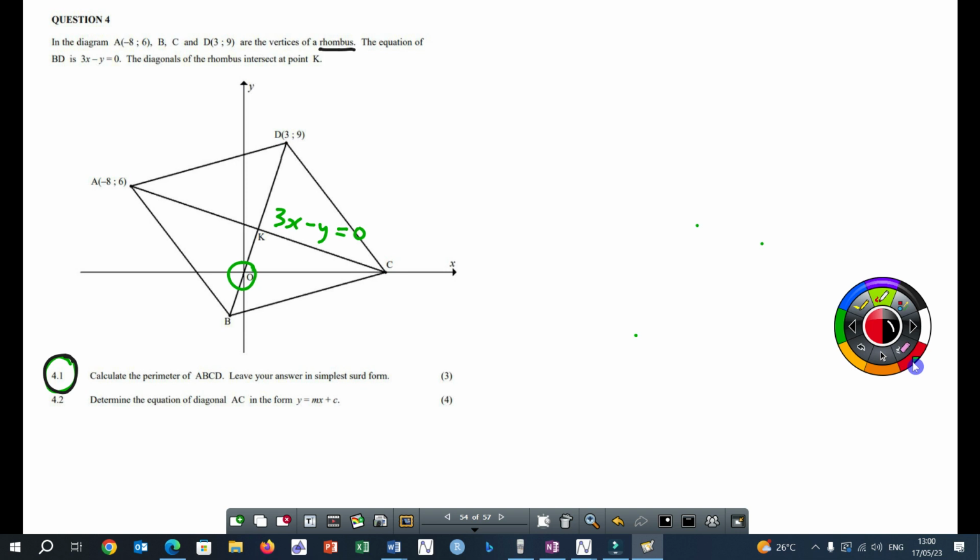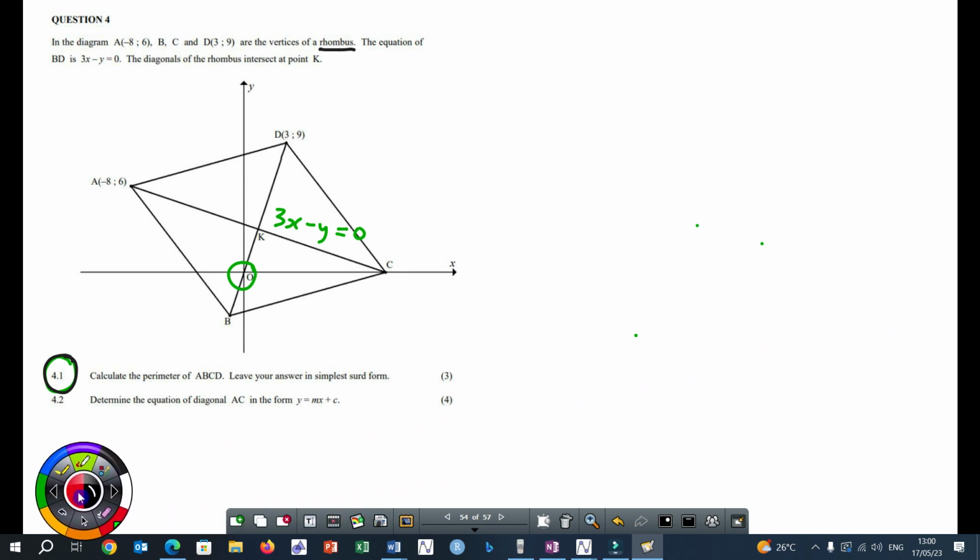So for 4.1, based on the information that we have, AD, we are given the coordinates of A and the coordinates of D. So it will be better here to use the coordinates of A and D to calculate the length of AD. Then we multiply that length by 4.